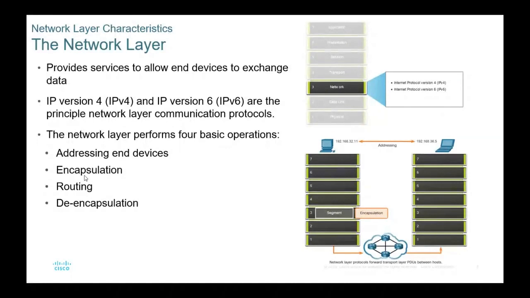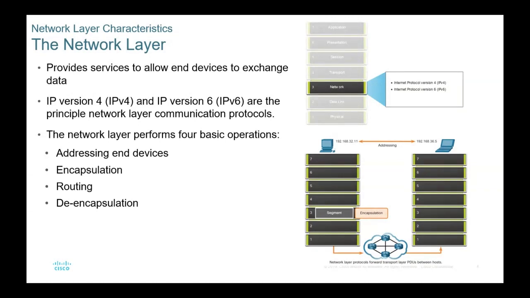If you remember, we have our data at the application layer where the users generate the data. We send it, it goes down the OSI layers into segments, which is layer 4, into packets, into frames, and then into binary at the physical layer.